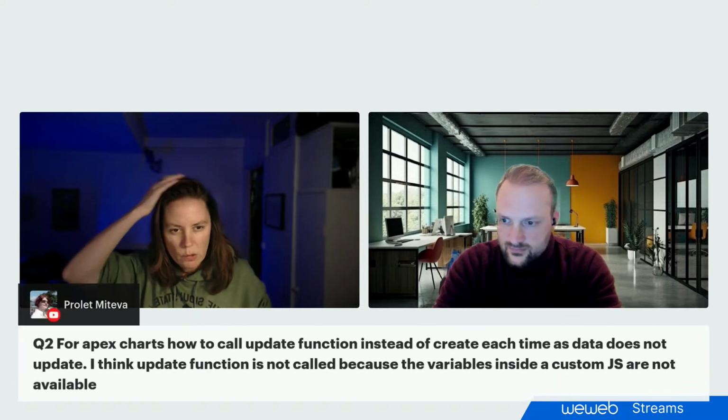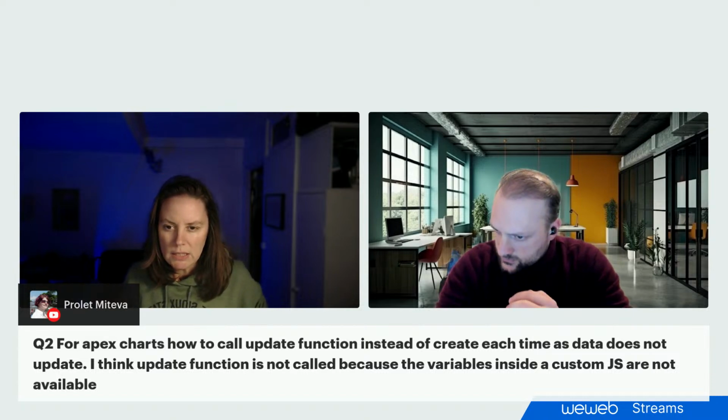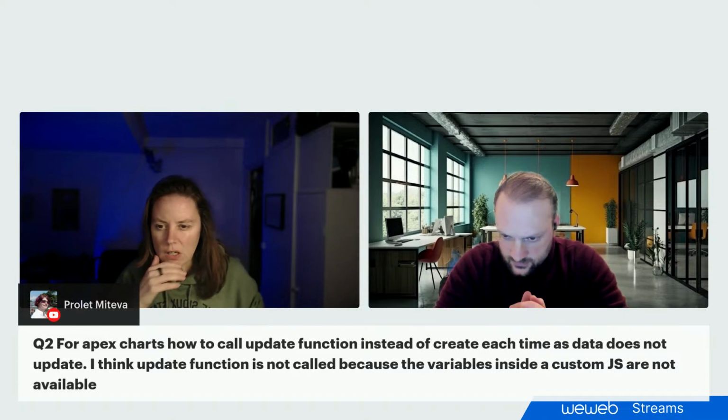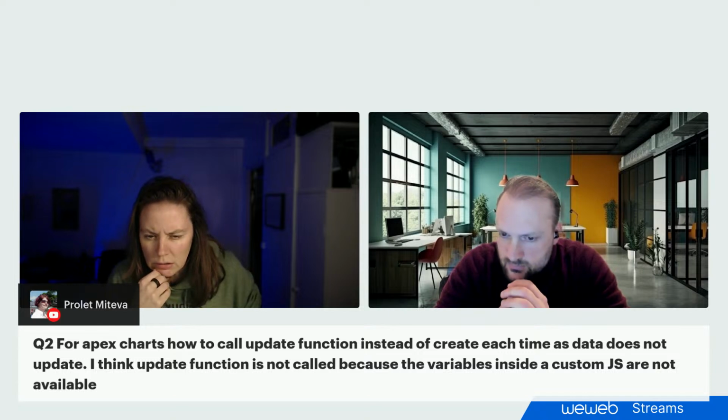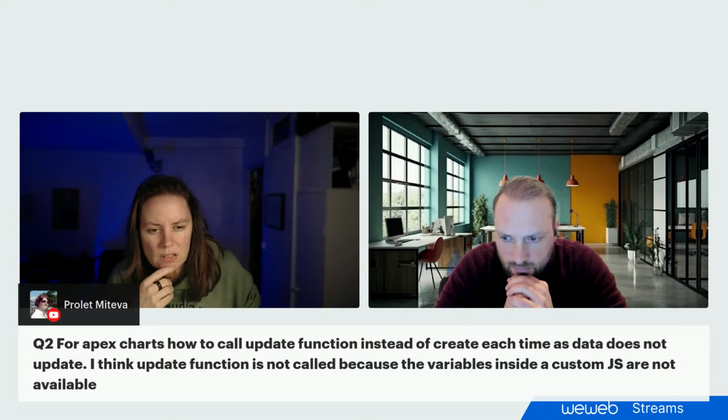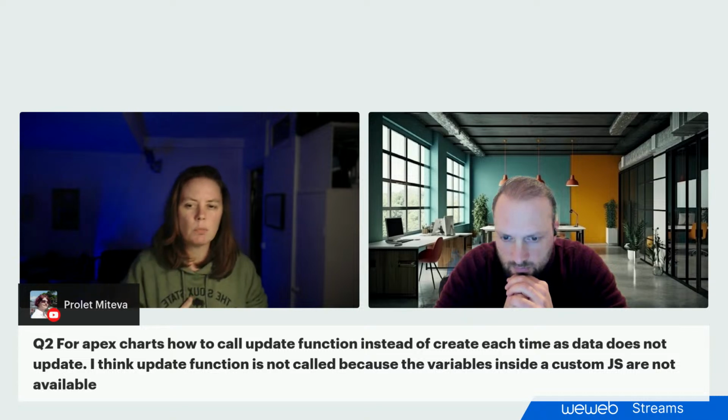And just quickly, I'll share the pro list questions, Flo, so you can have them in mind. For Apex charts, how to call an update function instead of a create each time as data does not update. I think the update function is not called because the variables inside a custom JS are not available.